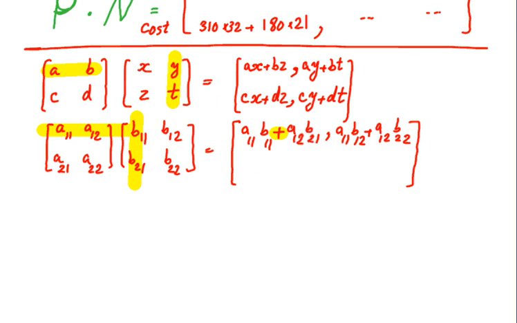Let's go to the second row, first column. So I'm going to have what? A21, B11 plus A22, B21. And then A21, B12, A22, B22.